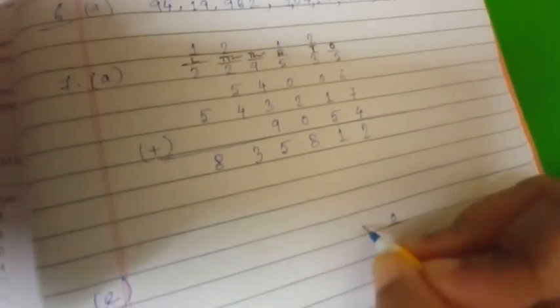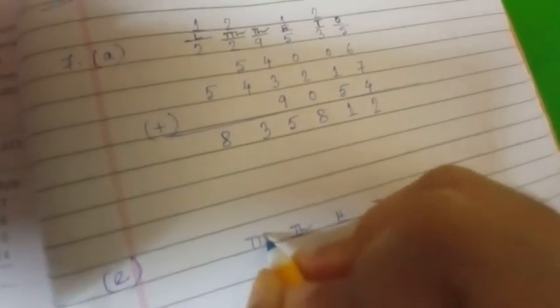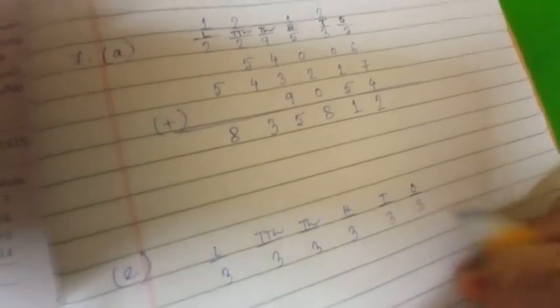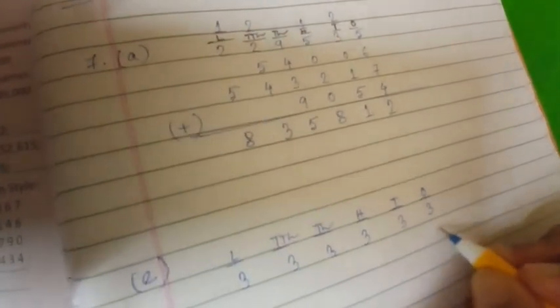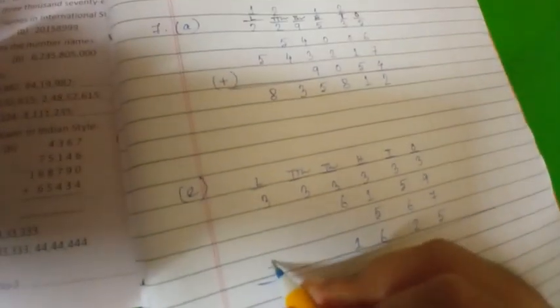So please write down at first the place value chart: ones, tens, 100, 1000, 10,000 and lakhs place. Put the number like this way: 3, 3. The next number is 9, 5, 1, 6. The next number is 7, 6, 5, and the next one is 1, 6, 2, 5. Like this way please write down and then start solving this problem.